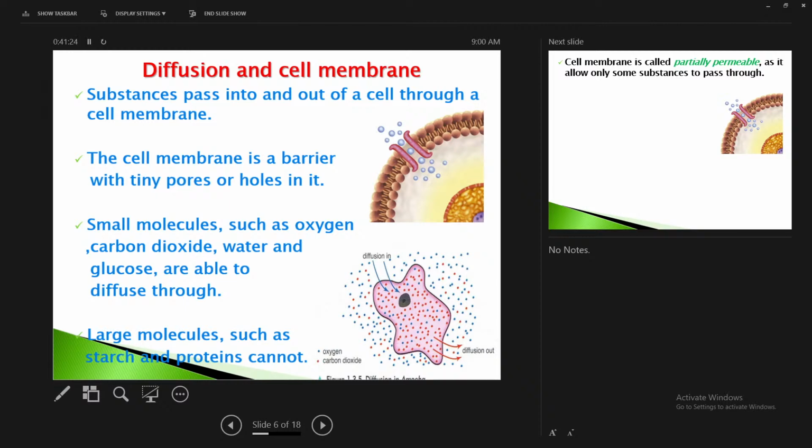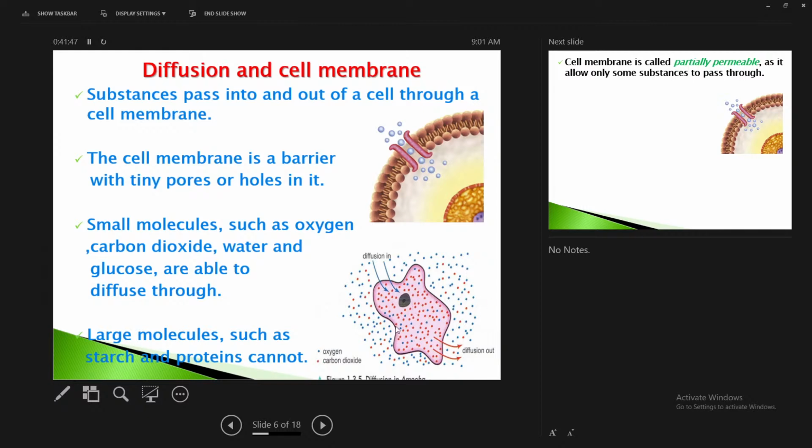And the only process by which it can leave the cell is the process known as diffusion. So the place of high concentration for the carbon dioxide would be in the cell. If you look at the red dots, you will realize that you have a lot more red dots inside the cell than outside of the cell.